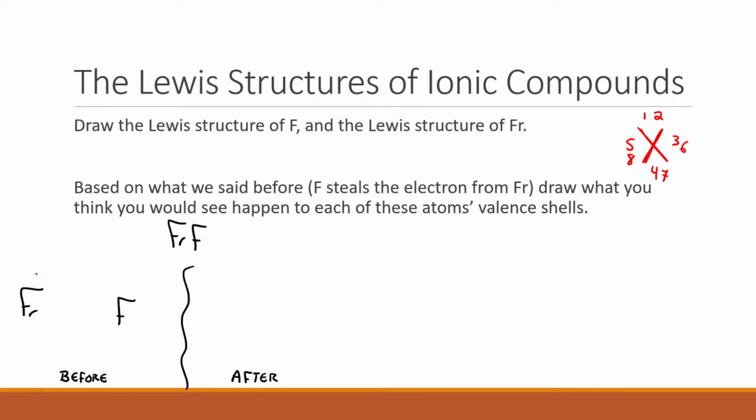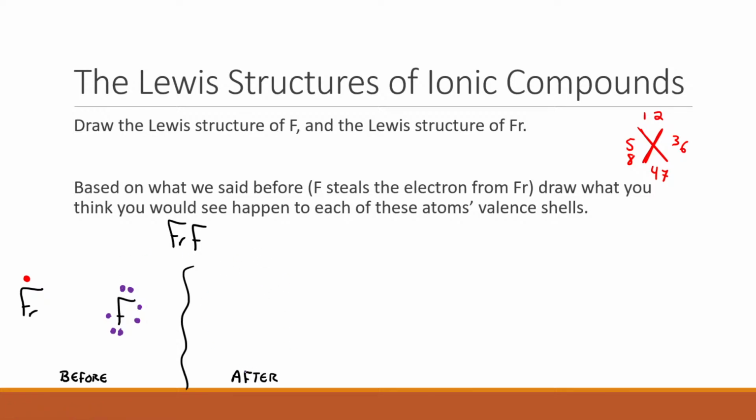Francium has 1 valence electron. Fluorine we know has 7 valence electrons. So we correctly put our dots around our symbols to make our Lewis dot diagrams for the before.